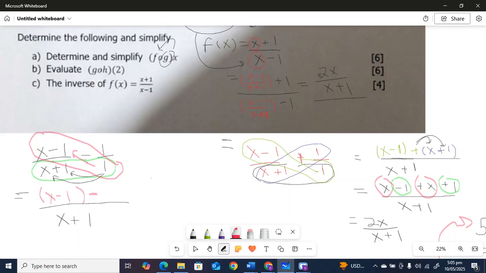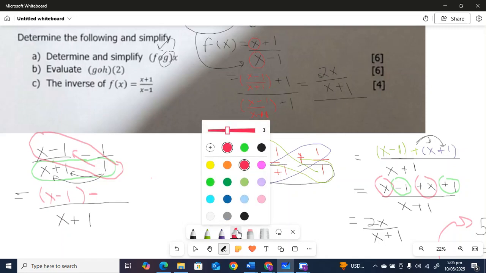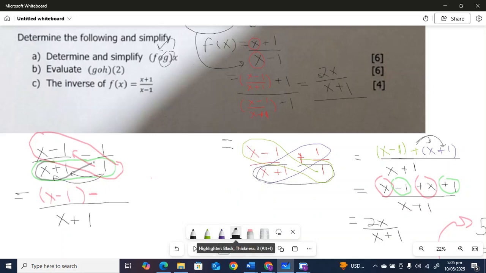Minus. Okay, then you go to the bottom left. Then you're going to say this x plus 1 times this one here, and this one on top here. 1 times x, that is x, plus 1 times 1, that is 1.